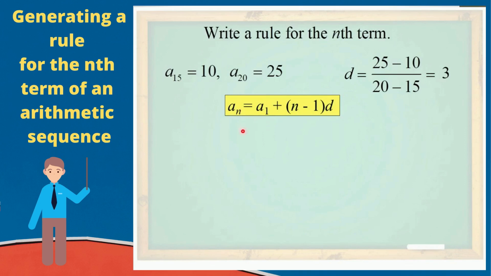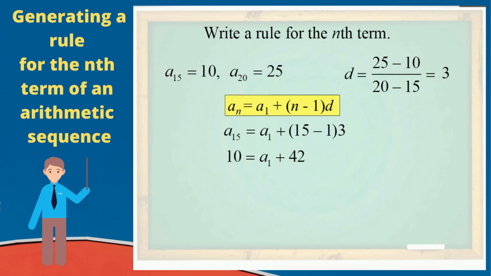We are going to use a sub 15 is equal to a sub 1 plus the quantity of 15, which is the value of n, minus 1 times 3, which is the common difference. Simplifying it further, 15 minus 1 is equal to 14, times 3 is equal to 42. Substitute the value of a sub 15, which is 10. So 10 is equal to a sub 1 plus 42.